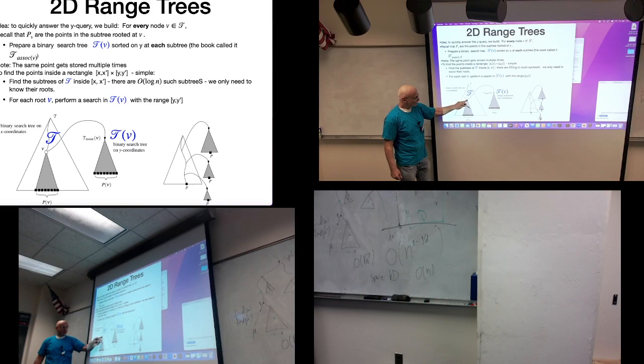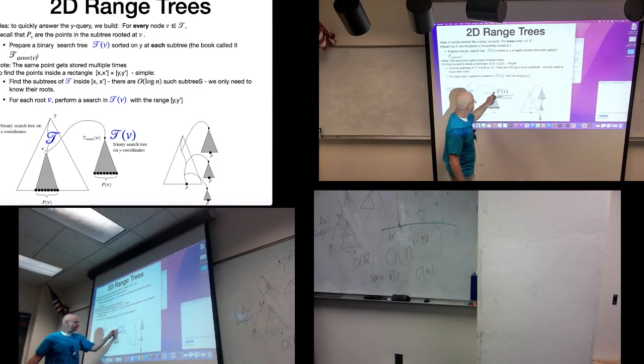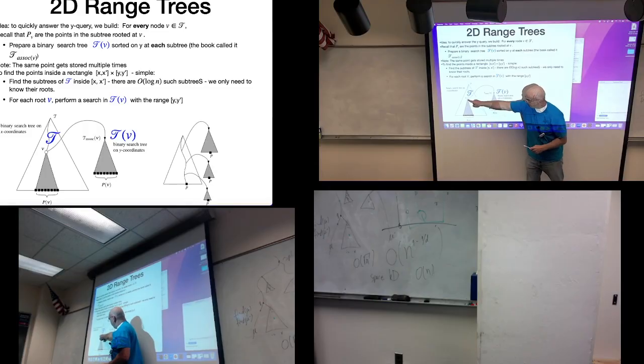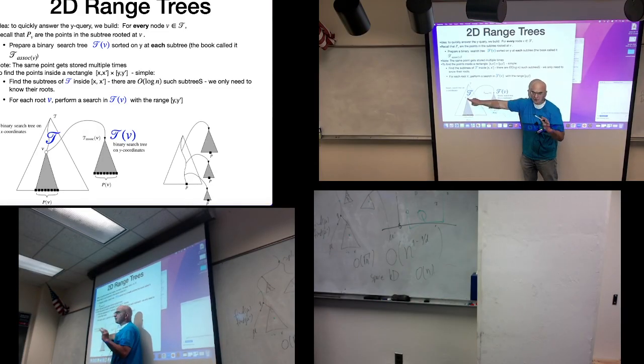What do I do for each and every node? I look at the set P of V, all the points that live in this subtree, sorted by x, and I copy them. And I build a tree for them. For every node V, no matter what this V is. Remember, I don't know what the query is. The query is not given to me yet.